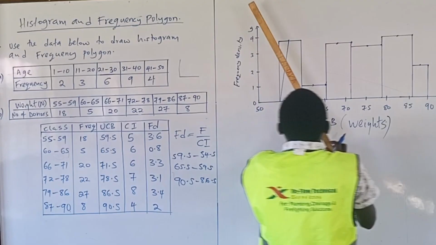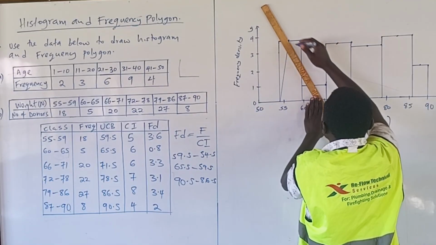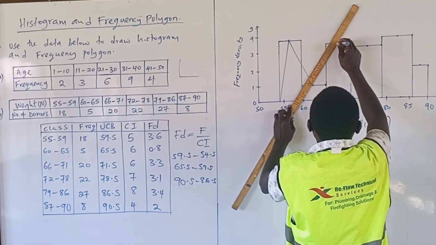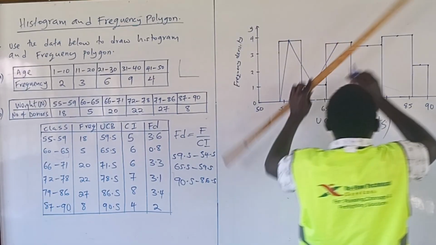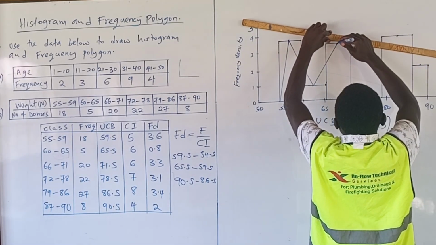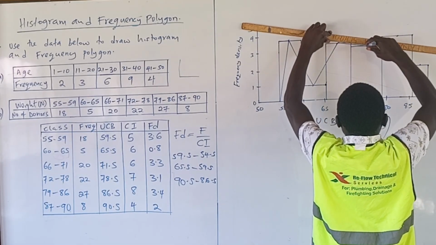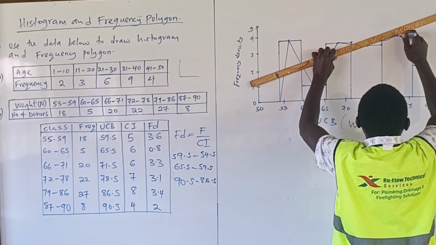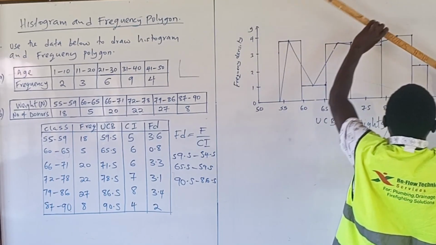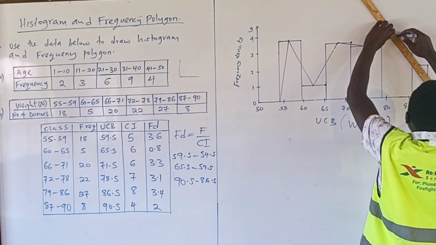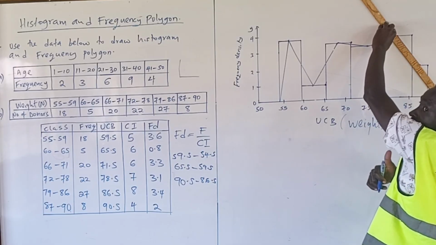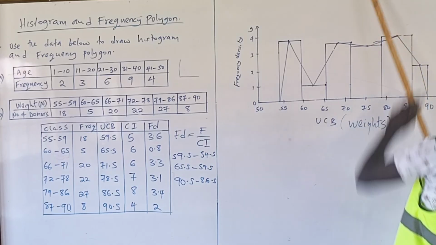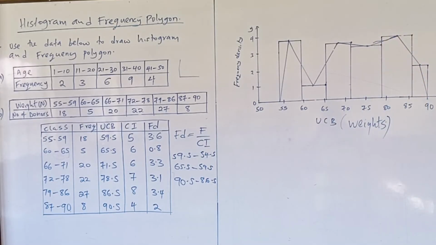You join the midpoints using a ruler. So that one becomes the frequency polygon.